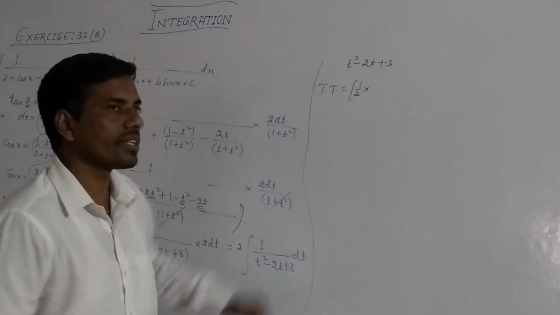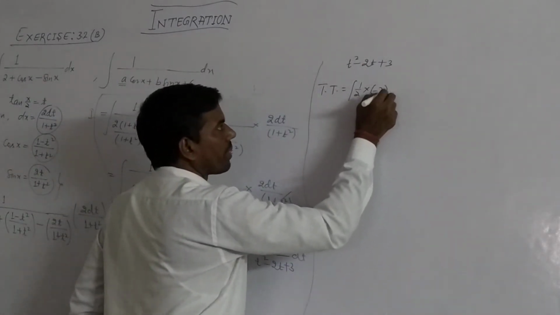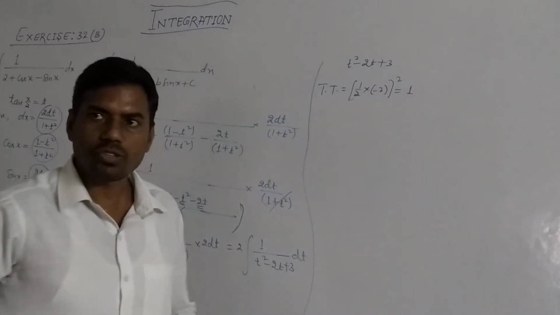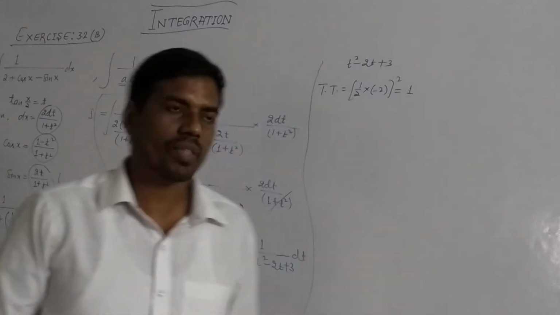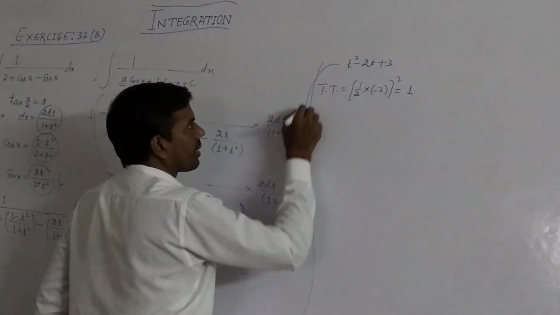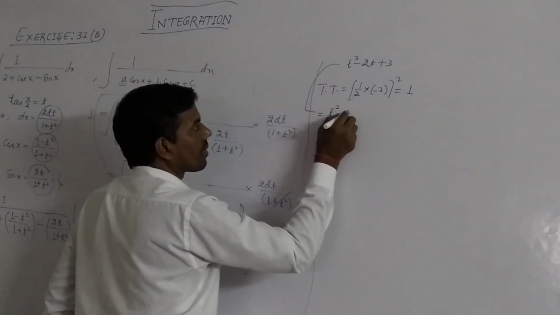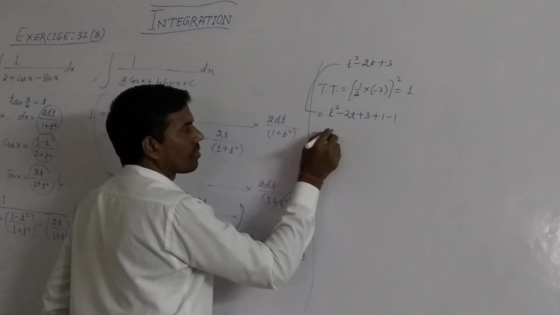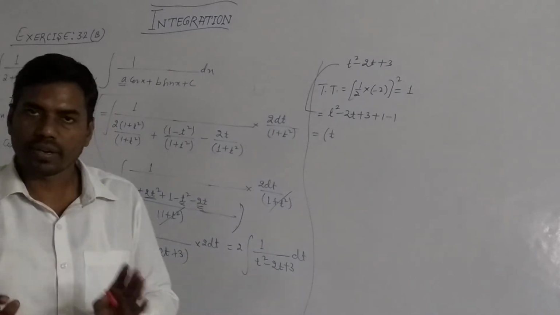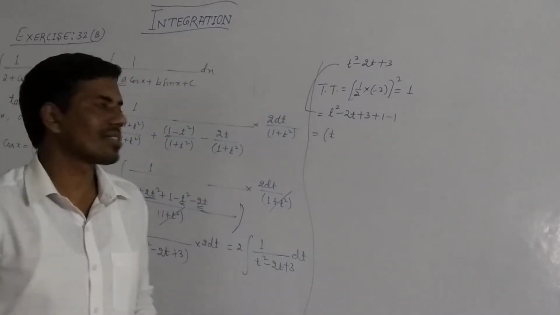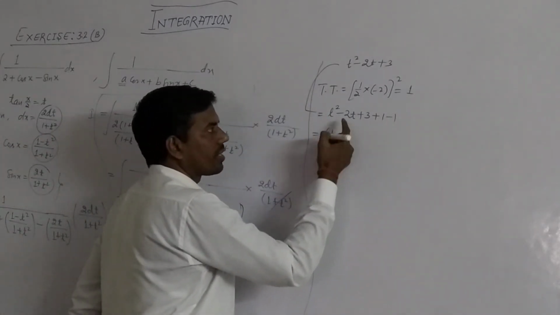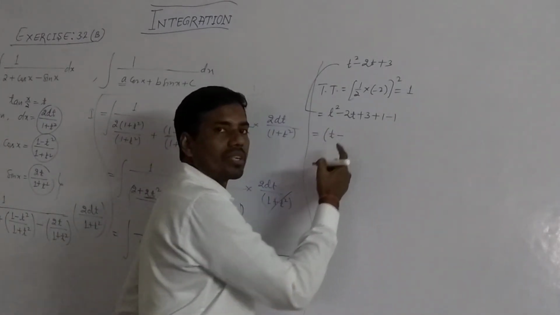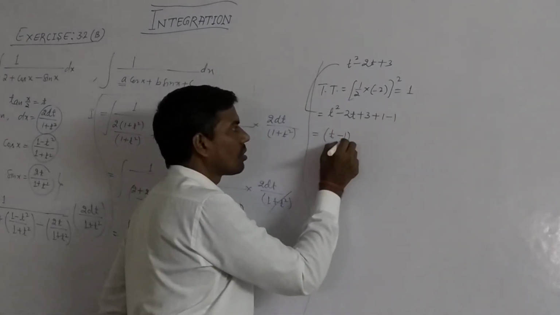The coefficient of t is minus 2, half of it squared is 1. After that, adding and subtracting the third term, we take the bracket: the square root of t square, that is t, the sign is negative, and half of the coefficient of t, that is 1, whole square.